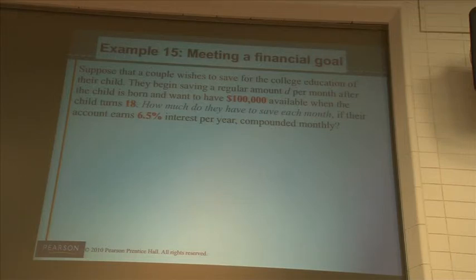So the accumulated value that we want to have is the $100,000. What we need to find is the deposit, times 1 plus our interest rate, which was 6.5, so that's going to be 0.065 over, let's see, how many times are we compounding?